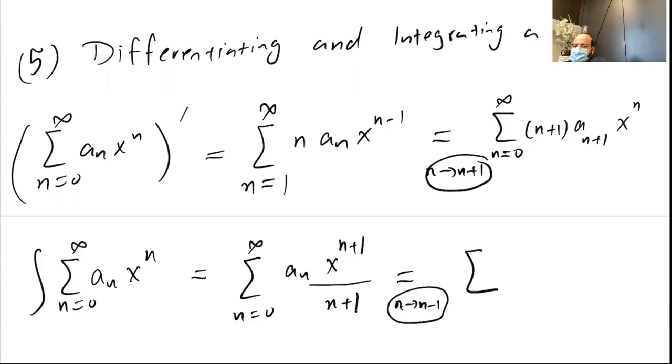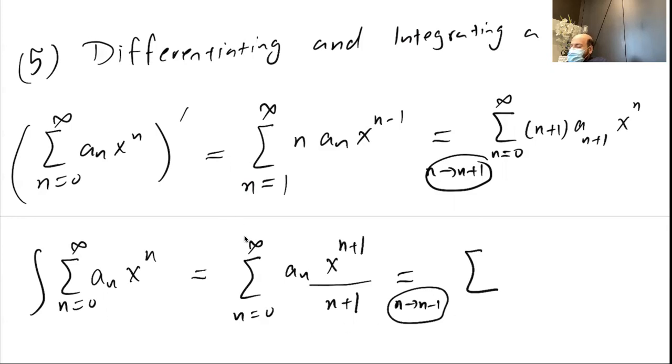What happens if I change n to n minus 1? I will have to shift 1 unit to the right this time, because we just saw that changing n to n plus l shifts the starting point l units to the left. Now this one is n to n minus 1, so the starting point will shift to the right 1 unit.